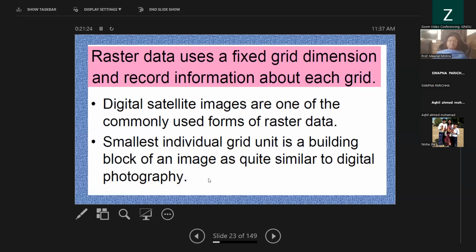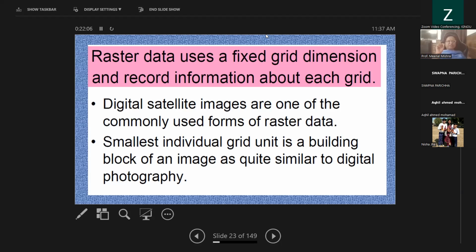And raster data, we discussed that vector data you can represent in the form of point, line, and polygon. And raster data uses grid dimension. Like one small grid is used to record the information. See, you take your photograph with the help of your mobile. When you zoom that picture, you see small grids or pixels.